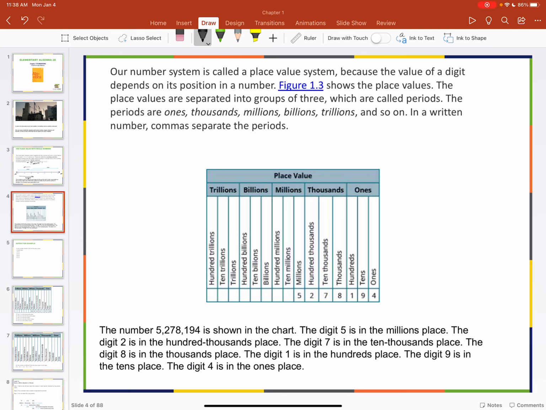So in the number system, you may have heard this before, the value of a digit depends on where its position is in the number. So this is a place value chart. We have groups of 3, which are called periods. Here we have the ones period, which consists of ones, tens, and hundreds.